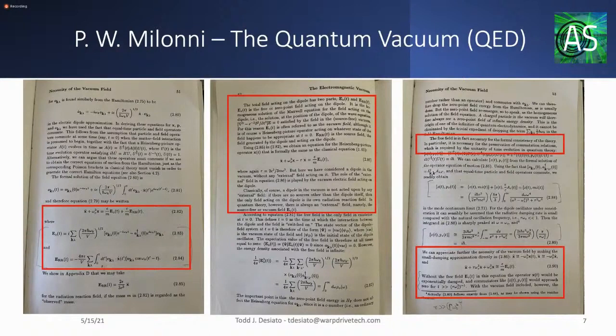So without the free field E naught in this equation, the operator X of t would be exponentially damped, and commutators like position and momentum would approach 0 within a few periods of the frequency. But with the vacuum field included, it preserves the commutation relations by holding up the bottom, by setting a baseline for the oscillator.